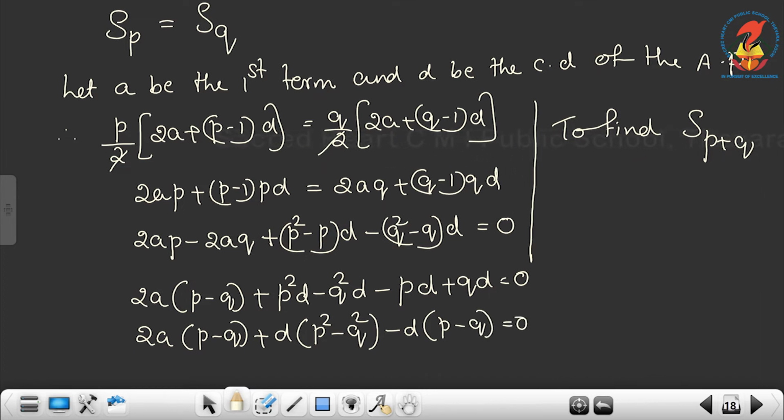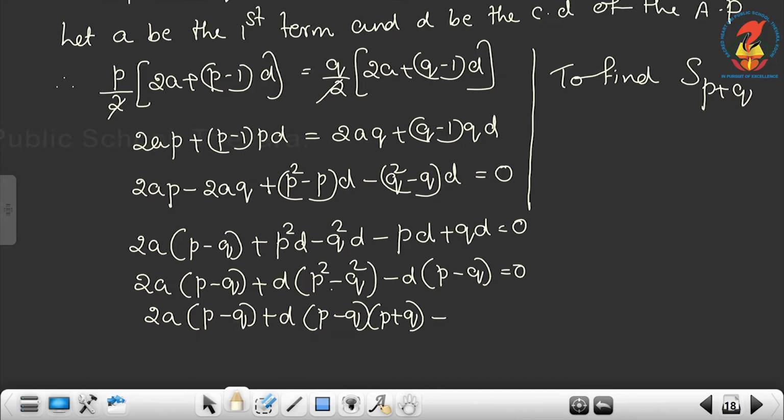So p minus q, p minus q, here also we get p minus q. d into p minus q into p plus q. Here children it is minus d. Correct. Then d into p minus q.